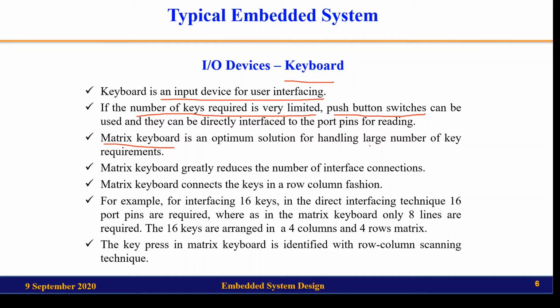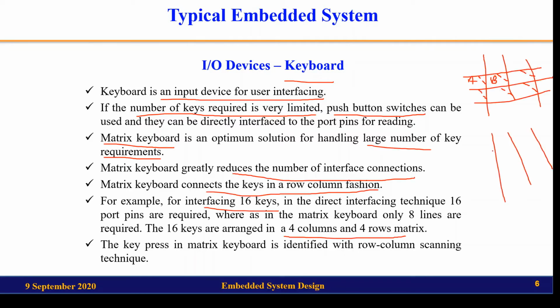You can go for that many rows and columns. Suppose you require 16 keys, so you can go with 4 by 4, that is 4 rows and 4 columns, which can form 16 keys. You can see here, each row and column will be forming a contact.